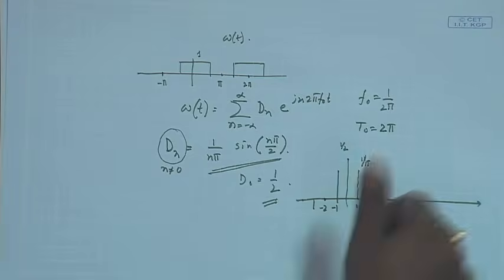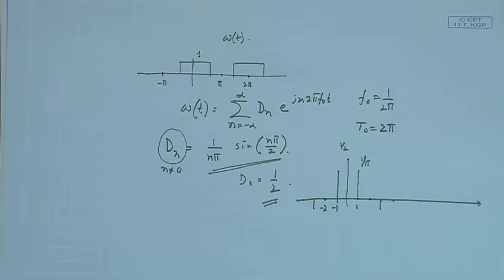Because the d_n's are all real, and d_minus_n as well, basically the phase part is always 0. So, the phase spectrum will be just 0 everywhere. So, it does not have any phase part for all the frequency components, starting from the DC value which is at frequency 0. So, it has a half.